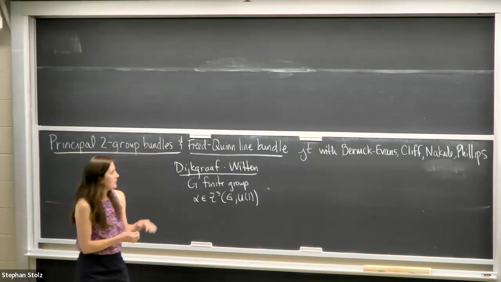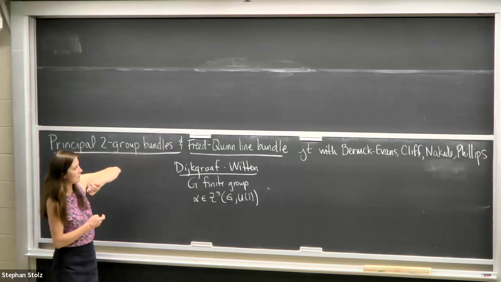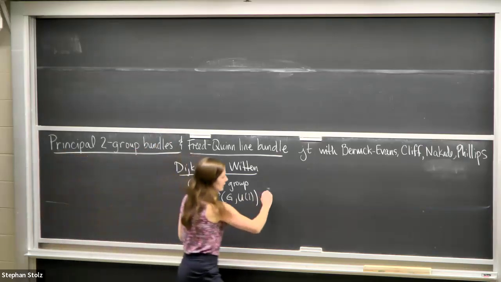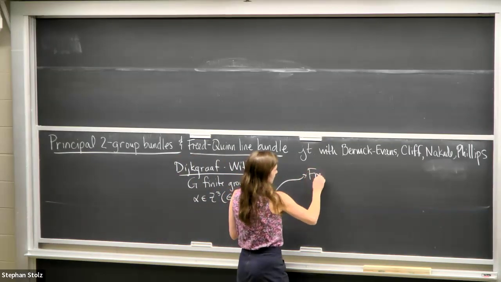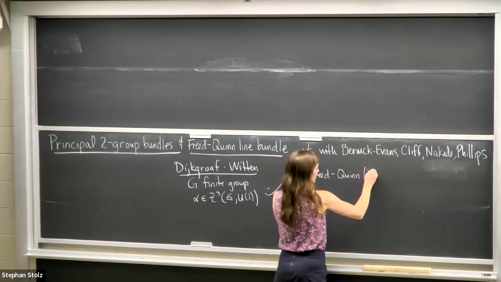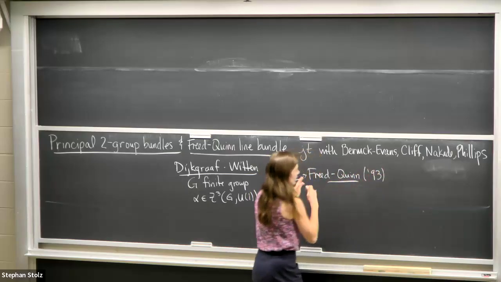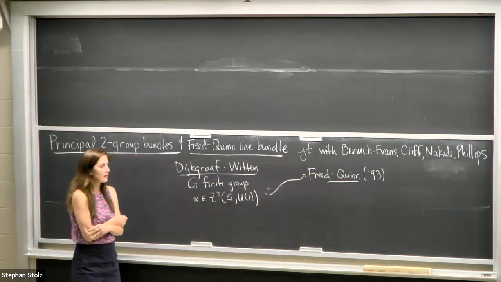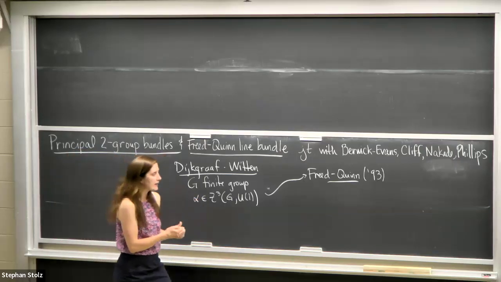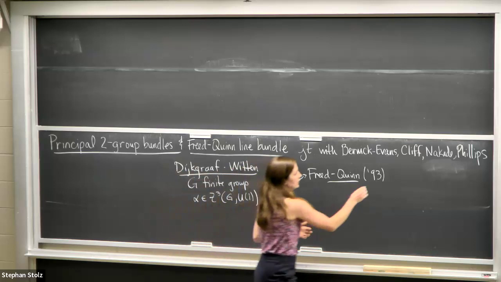Okay, and part of the title of the talk is Freed-Quinn line bundle. So Freed and Quinn, in a paper in '93, gave a nice description of this Dijkgraaf-Witten theory from a functorial field theory perspective using a line bundle.